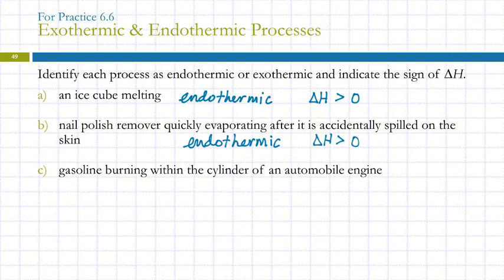It's leaving it. It's going into our hands, but it's leaving the gasoline, so that's an exothermic process. And for exothermic, the sign of delta H is negative. Delta H is less than 0. It's a negative number.